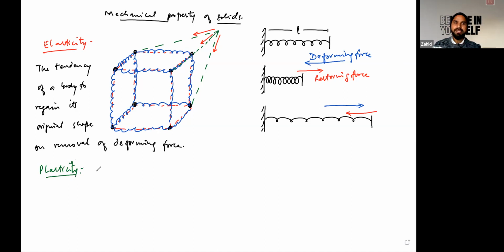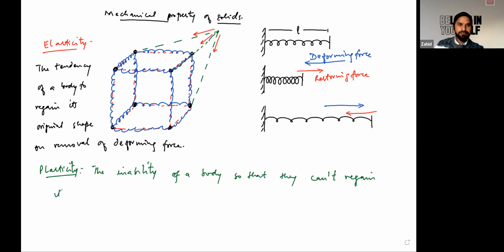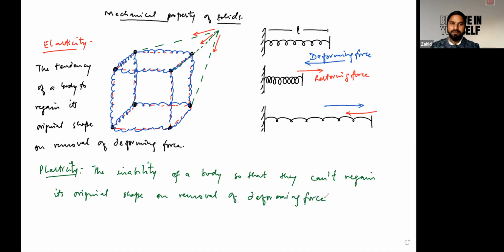So we can define plasticity as the inability of a body so that it can't regain its original shape on removal of deforming force is called plasticity.